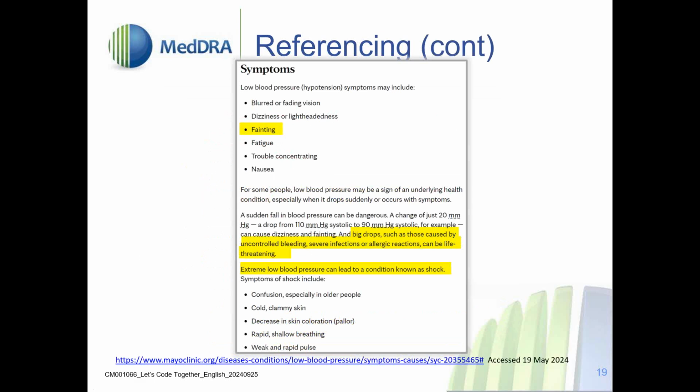And we are told that a change of just 20 millimeters of mercury, like a drop of systolic pressure from 110 to 90 millimeters of mercury, can already cause dizziness and fainting, and an extremely low blood pressure due to, for example, uncontrolled bleeding, sepsis, or an anaphylactic reaction can, of course, be life-threatening and lead to shock.